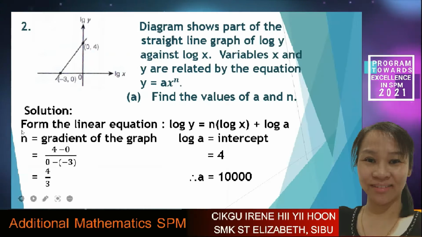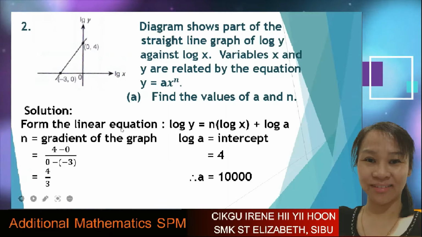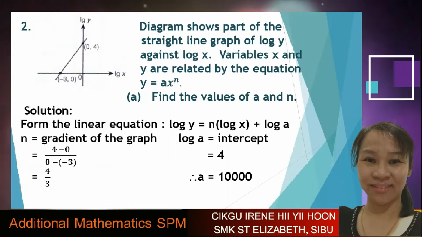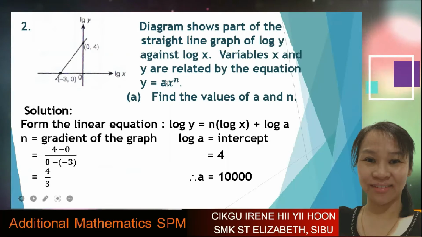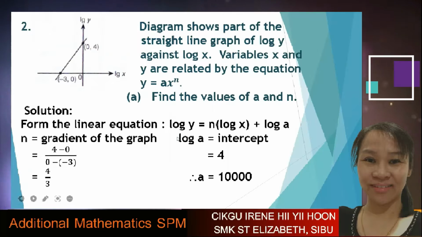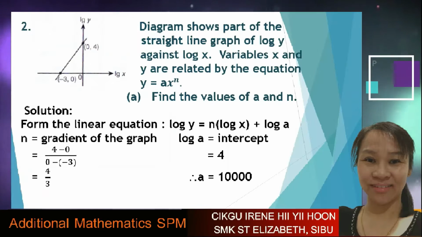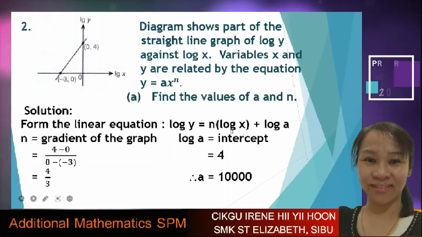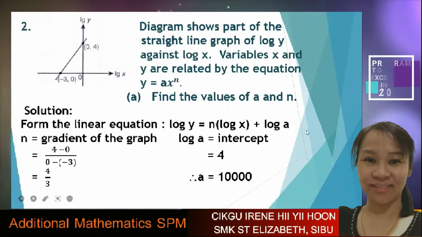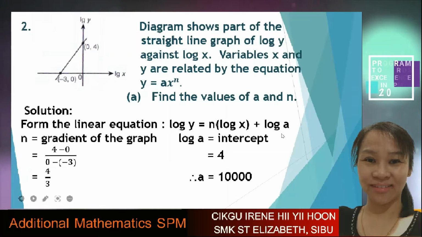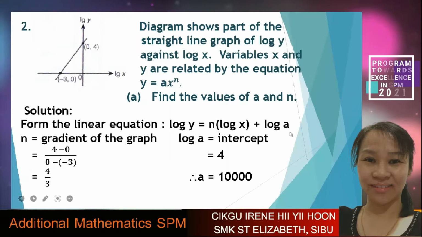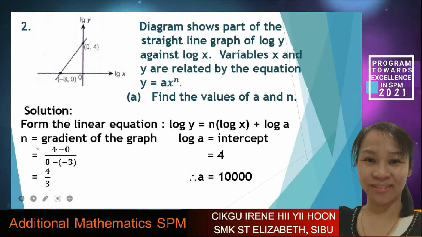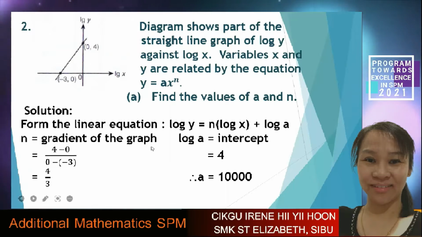As usual, we still have to form the linear equation first. By taking log on both sides of the equation, we will get the linear equation, that is log y equals n log x plus log a. From this linear equation, we can see that the constant n represents the gradient of the graph.